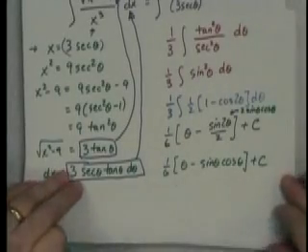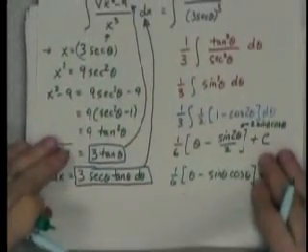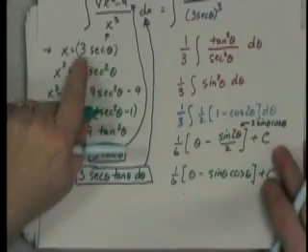So now again, I'm going to use a right triangle. Secant theta is x over 3.